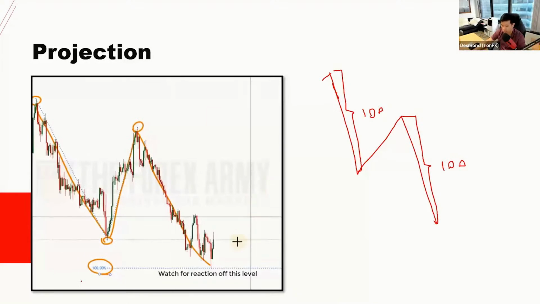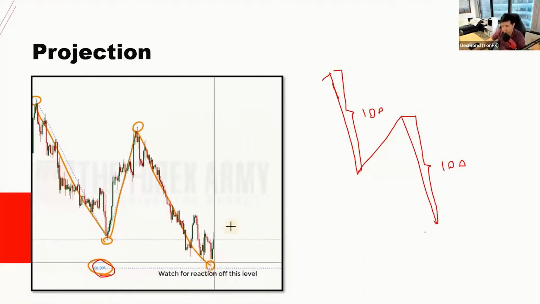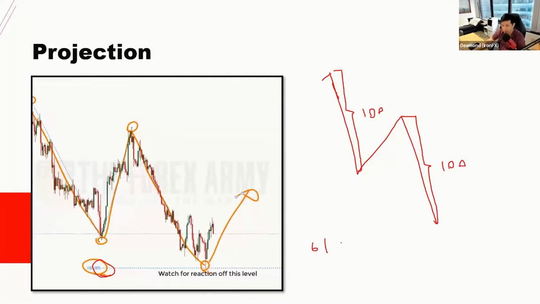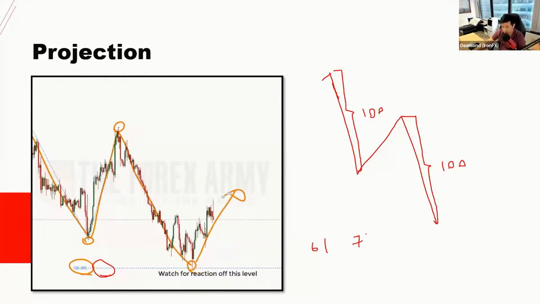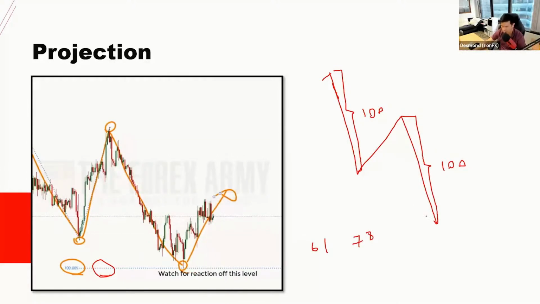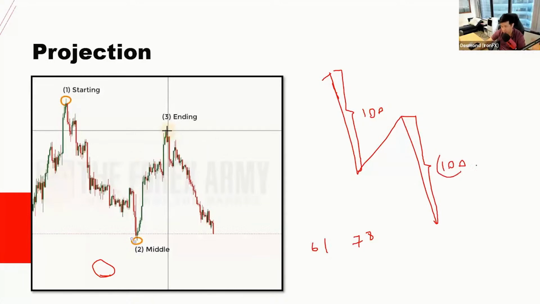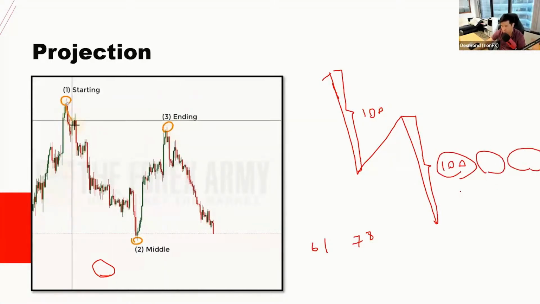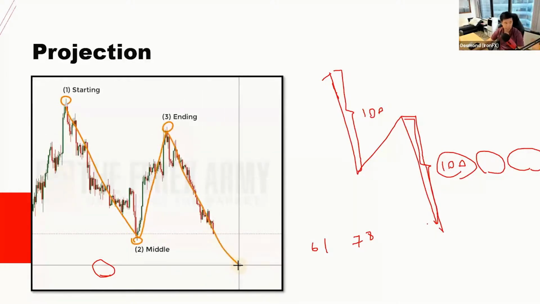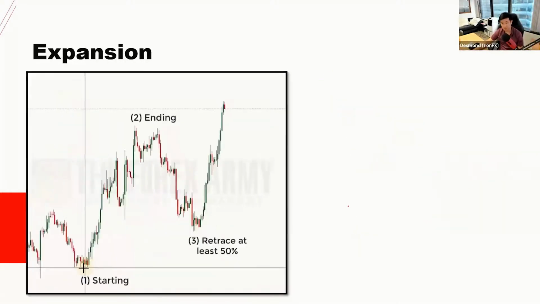This is what I mean by a 100% Fibonacci projection. So we have the 100%, the 61% projection, and the 78% projection. All of it basically means you're taking the distance and multiplying it by 61, 78, or 100 when you're forecasting when the reversal is going to happen. That is the meaning of Fibonacci projection.